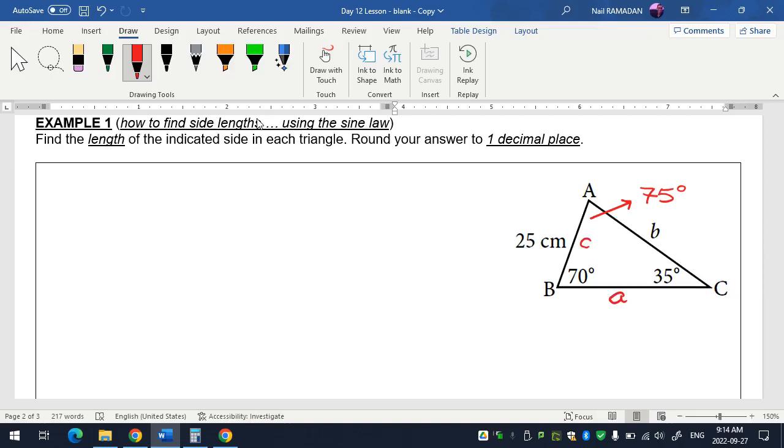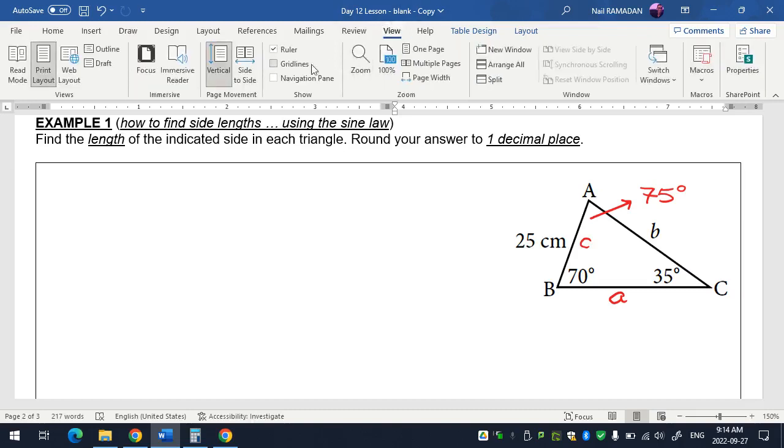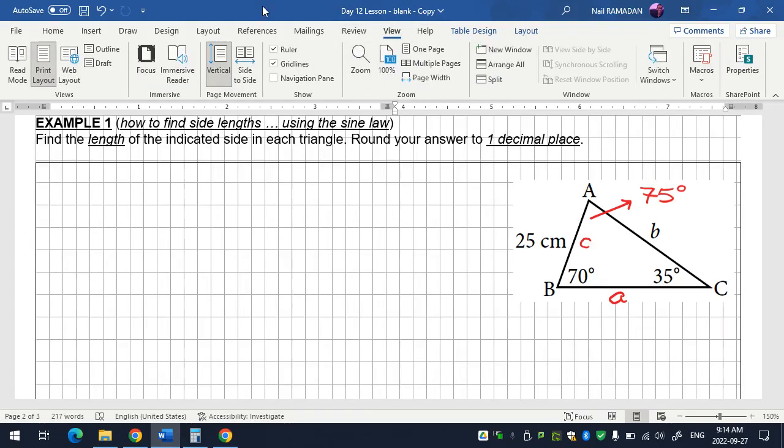Okay, let's use the sine law. Well, let's write the sine law: sine A over a equals sine B over b equals sine C over c.